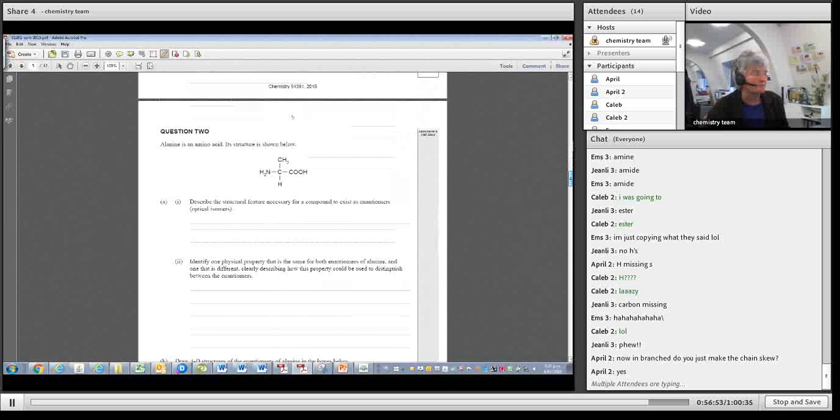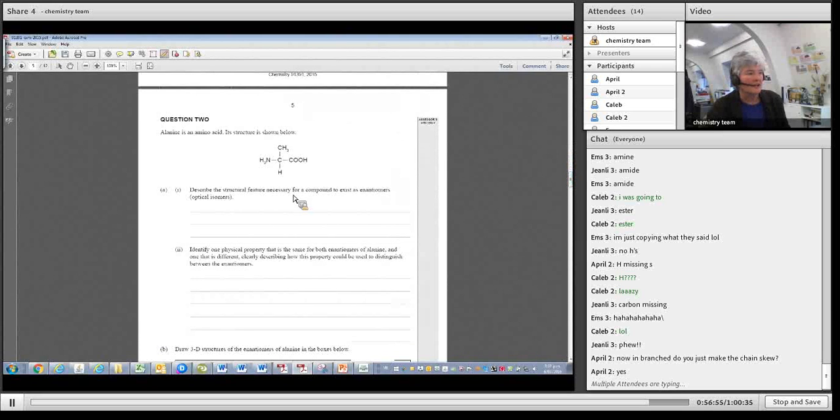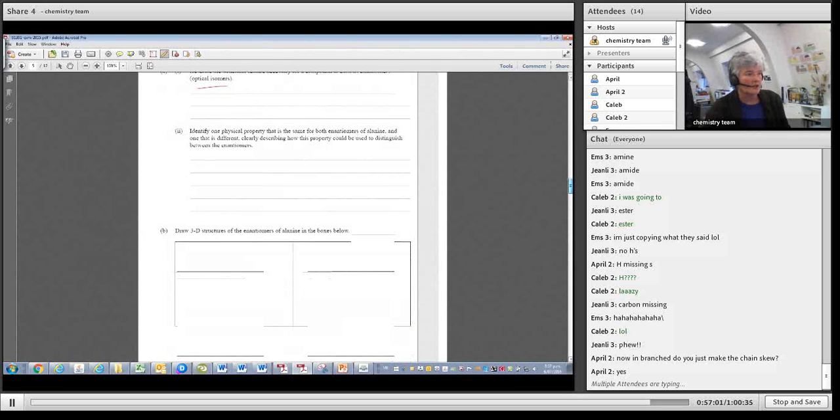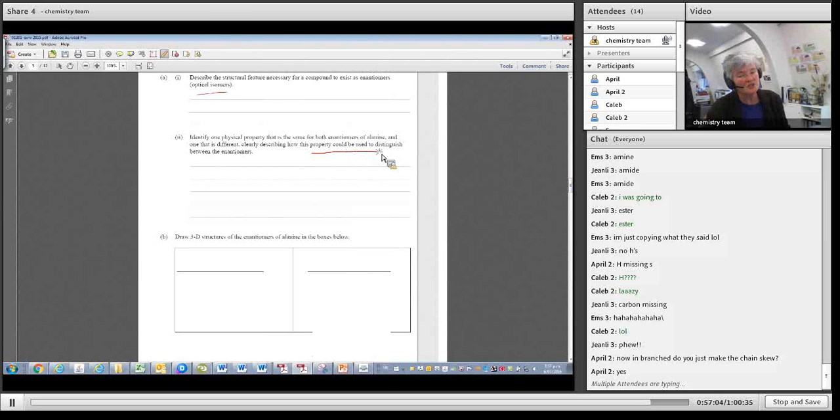Okay. Here, they're talking about optical isomers. And they always ask you how to distinguish them. When you're asked to distinguish between the enantiomers, remember it's rotating the plane of polarized light by the same amount in different directions.